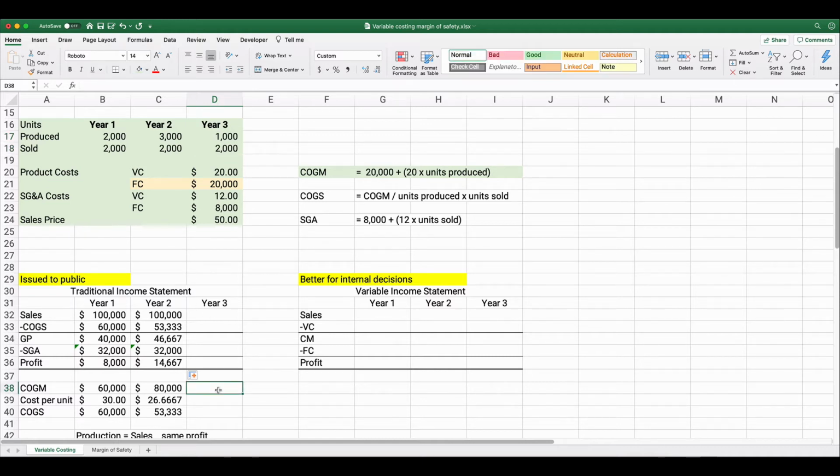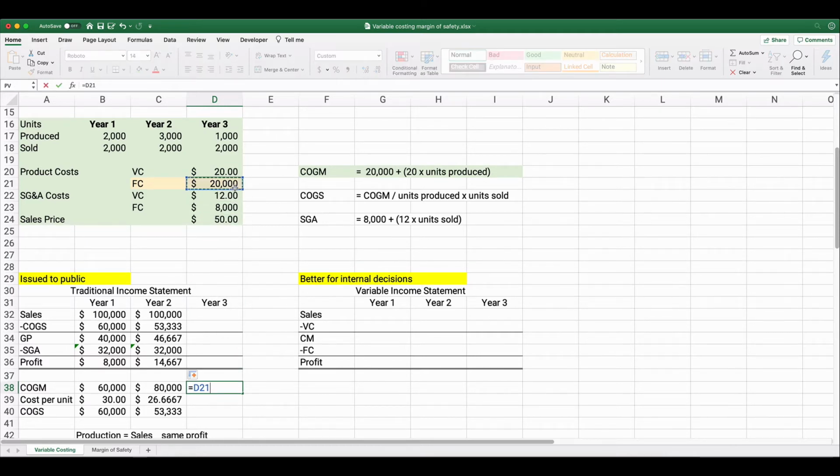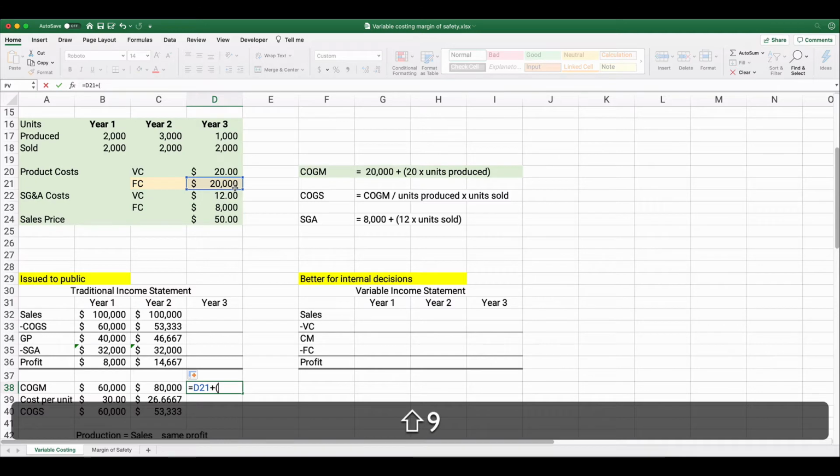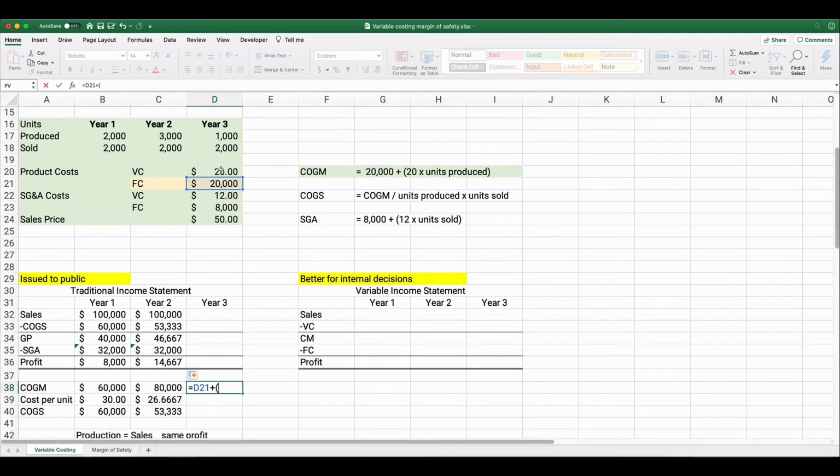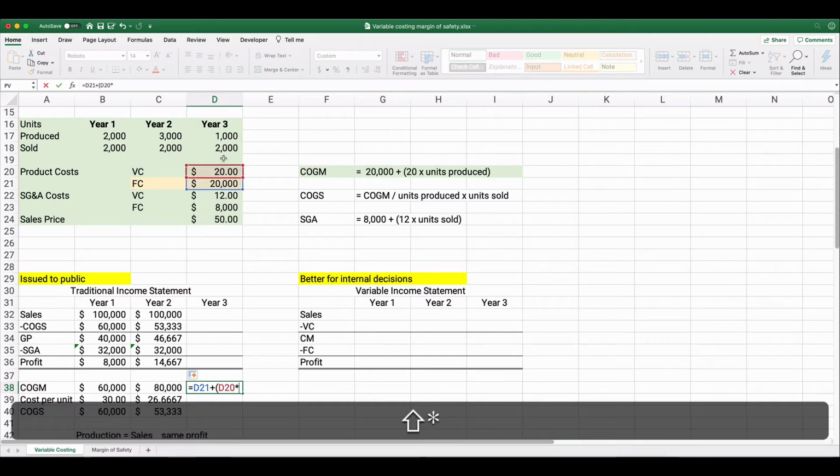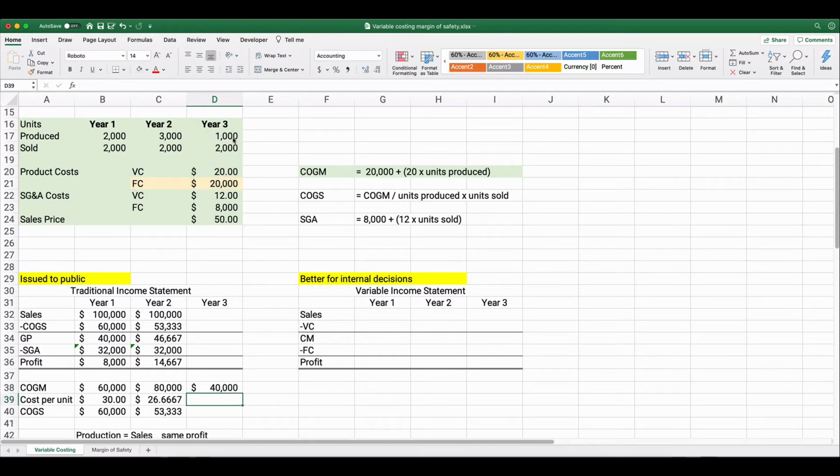So our cost of goods manufactured is going to be the 20,000 plus, start our parentheses, $20 times the 1,000. So this costs $40,000 to make our 1,000 items. If we take the 40,000 divided by the 1,000 we produced, this one costs $40 per unit.